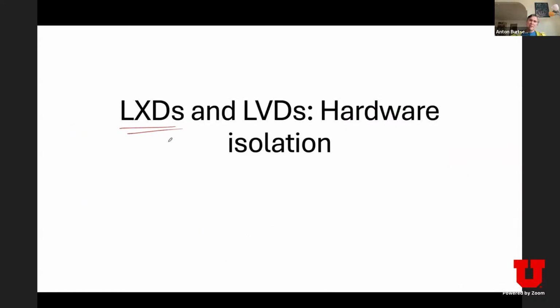These two systems, LXDs and LVDs, LXD stands for lightweight execution domains, and LVDs stands for lightweight VM-func domains, are my own work along with my students, which try to solve the problem of performance. And then the latest system, which is called K-split, which we're going to discuss today as well, solves the semantic complexity of decomposition.